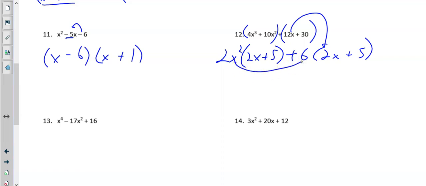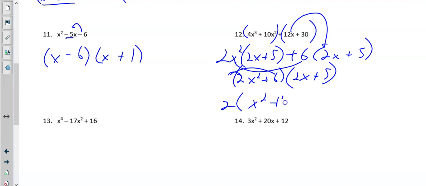Hook these up. 2x squared plus 6 times 2x plus 5. The only thing is I need to factor this 2 out and get 2x squared plus 3 times 2x plus 5. Now, I could have saved myself the trouble at the beginning because these are all even and done this first.